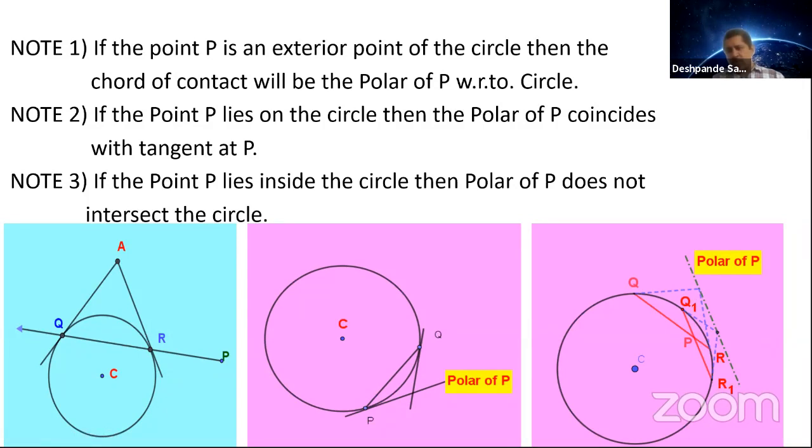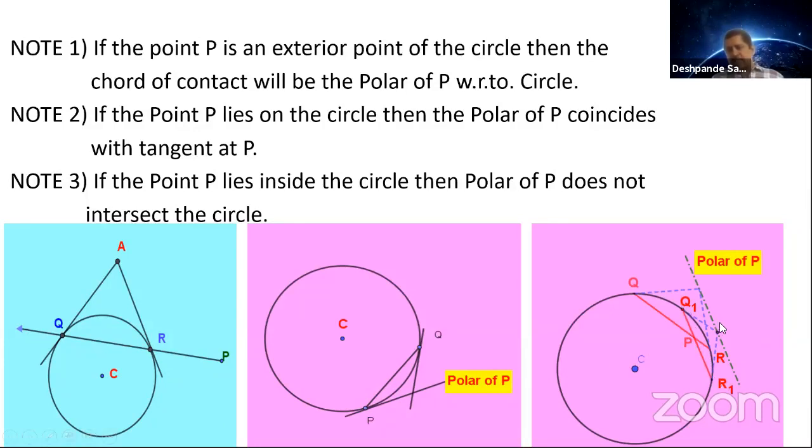Observe here. QR is a chord, and QR is passing through some point P, because that is the fixed point P for which you are going to find the polar. Again, for the same P, you get another chord, we call it Q1, R1.